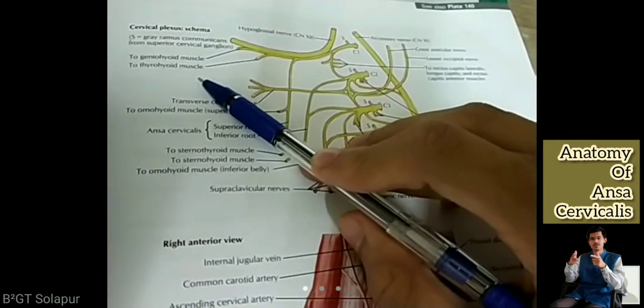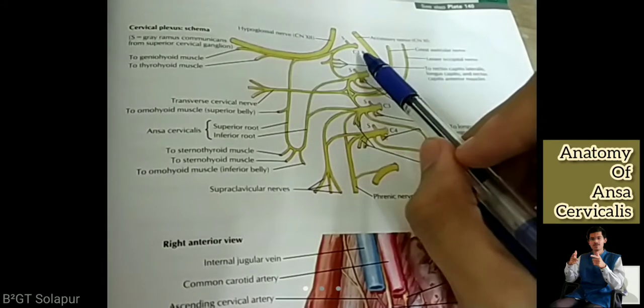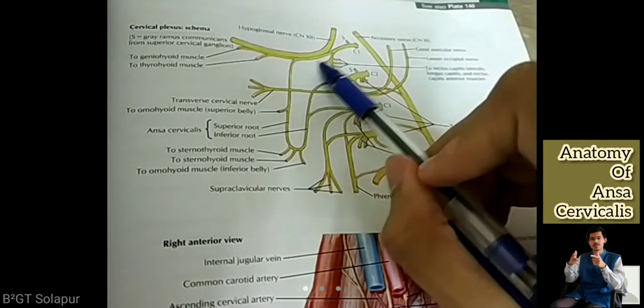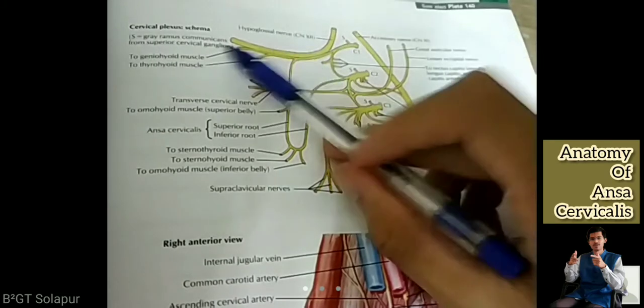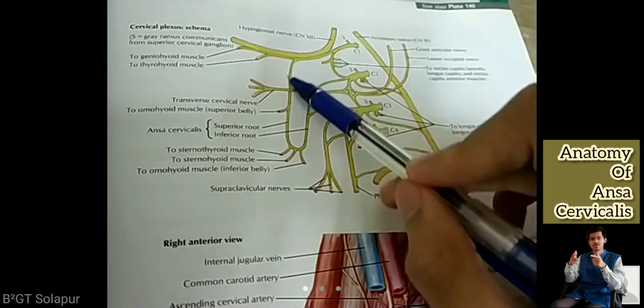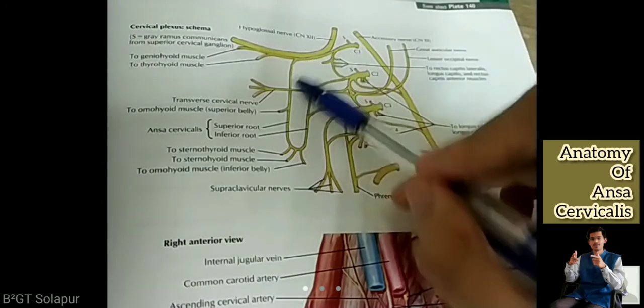Correct? They are supplied separately by whom? Sorry, not by the hypoglossal nerve. It is by C1. See this, C1 is coming this way. Can you see this C1? The hypoglossal nerve's rootlets are just coming to this ansa cervicalis. Okay, just coming to the ansa cervicalis.